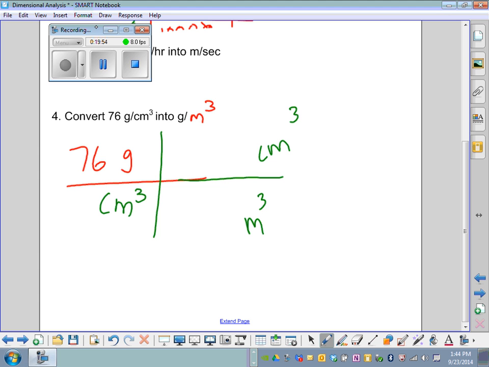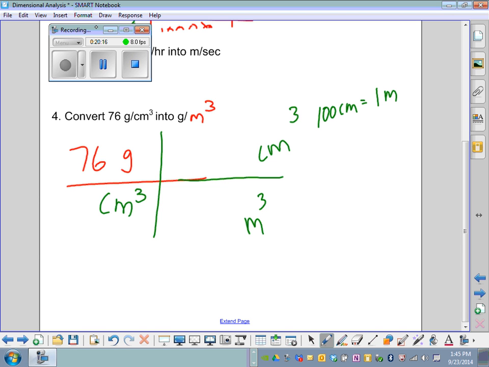Okay? So let's see what is the conversion factor between centimeter cubed and meter cubed. Now we only know that King Henry died drinking chocolate milk in the morning. Is that right? So if you go to that unit, there is a relationship between centimeter and meter.